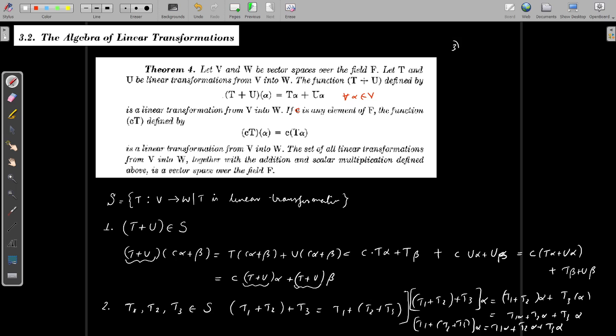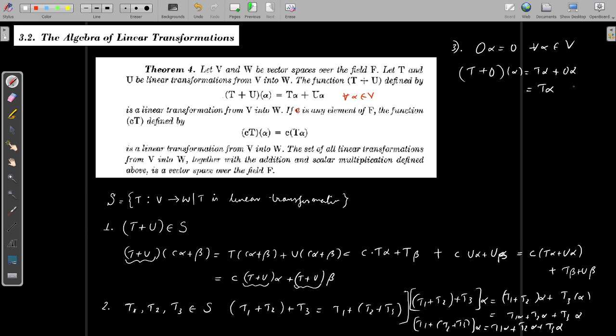Now we need to prove the existence of identity. For that we take the zero transformation, 0 of alpha is equal to 0 for all alpha belongs to V. Then you can evaluate T plus 0 of alpha. What is T plus 0 of alpha? That is T of alpha plus 0 of alpha. But 0 of alpha is always equal to 0. Then this is T alpha plus 0, that is equal to T alpha itself.